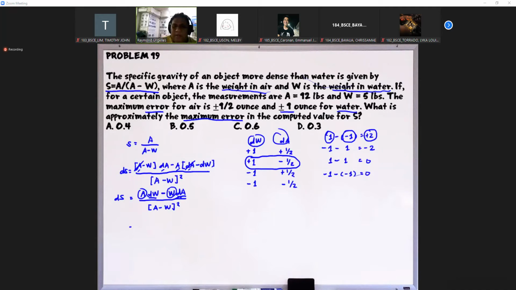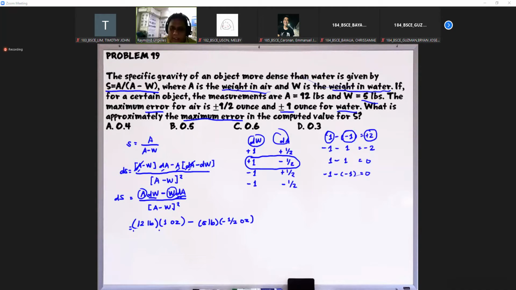So again, what is our A? A is 12 pounds, multiplied by dW, and the dW we will use is positive 1. Again, this is in ounce. Then minus, we have W, and our W here is 5 pounds. Then the dA we will use is negative 1/2 ounce.